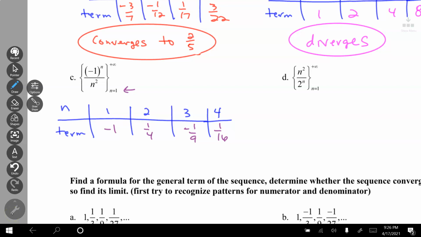So for this next one, we have this -1 to the n business, so that's going to help alternate. I put all the numbers in, and I got the stuff. When I do leading term over leading term, -1 to the n is not really a leading term, so I just call it 1 over n squared. This definitely dominates on the bottom. Therefore, it's going to converge to 0.